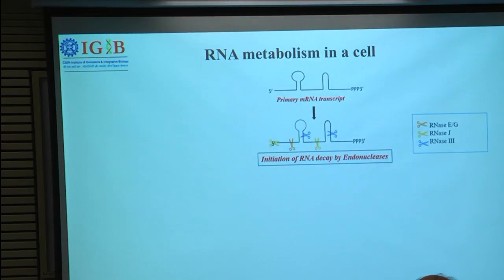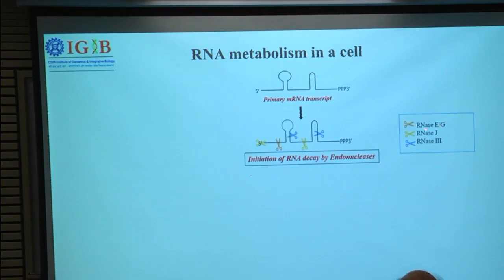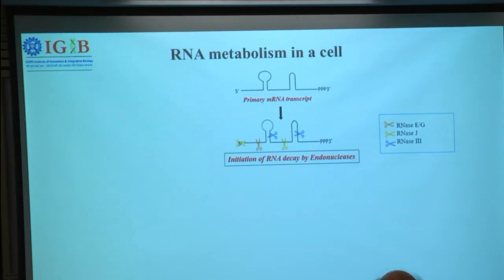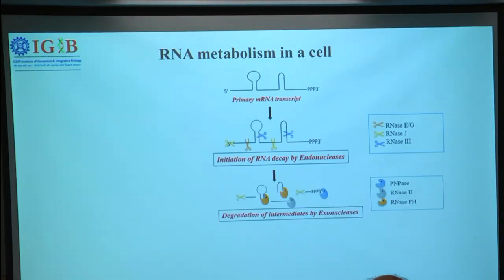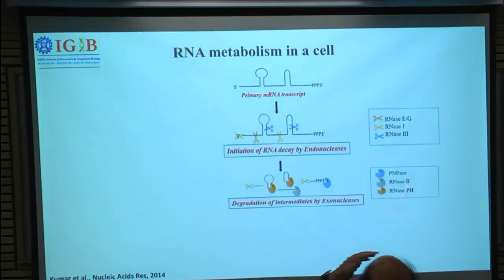The degradation pathway is initiated by the enzymes RNase E/G, RNase J and RNase III. They have their specificity towards the RNA molecules. After the action of these endonucleases, intermediate products are formed, and these are degraded by a different set of exoribonucleases: PNPase, RNase II and RNase PH.